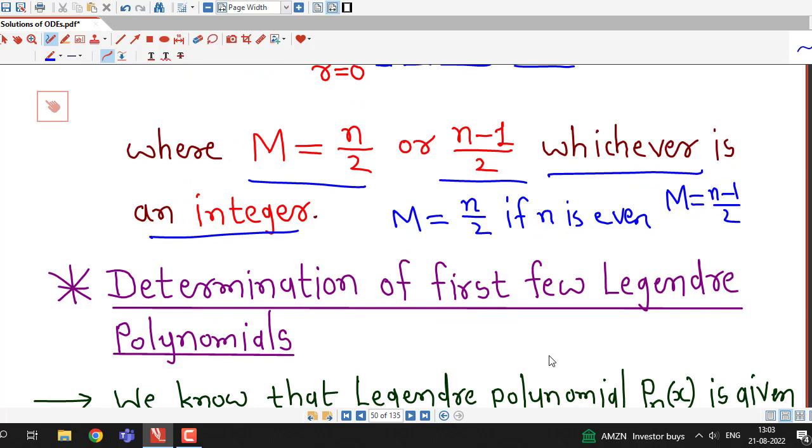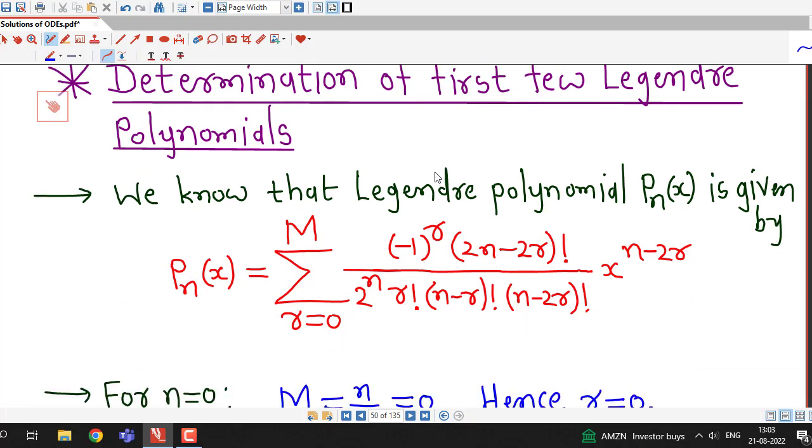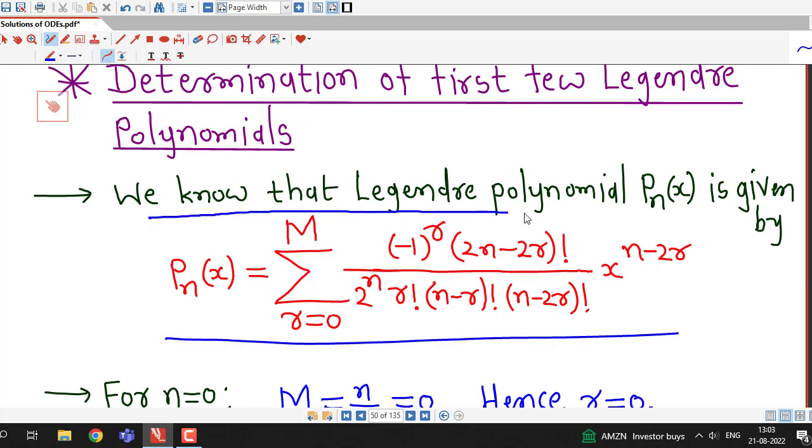Here I have determined the first few Legendre polynomials using this formula. First I am writing this formula again. P_n(x) is given by this formula, and now we will consider particular values of small n and determine some of the Legendre polynomials.